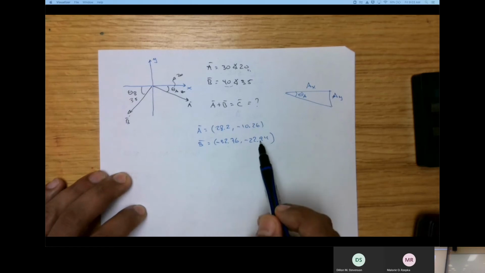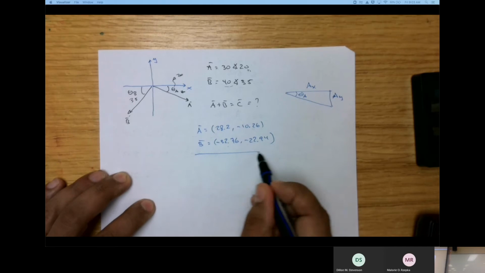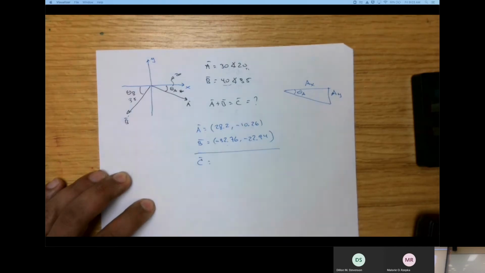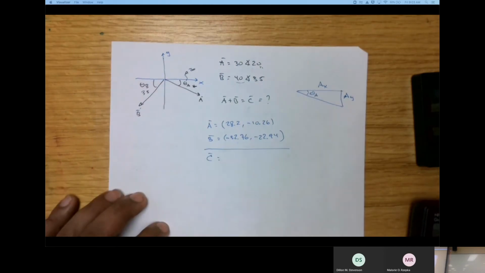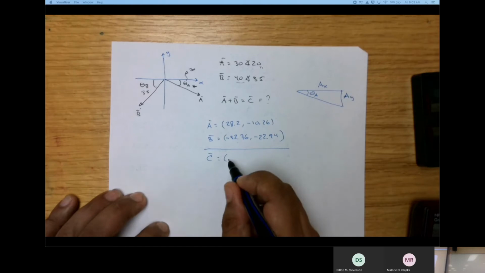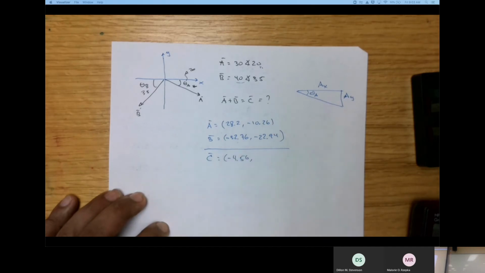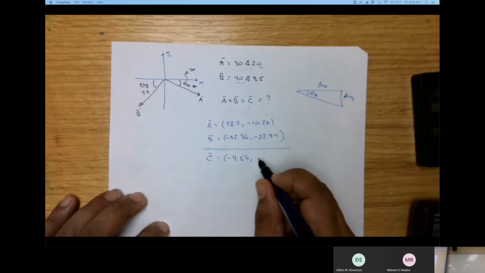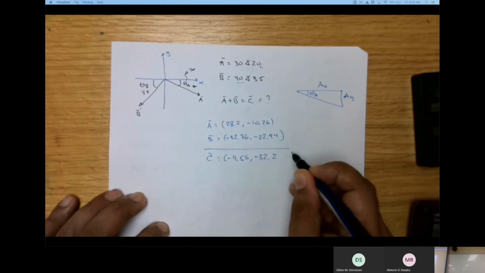Okay. If I want to add these two vectors, I will get my vector C. I will have minus 4.56, and this one will be minus 32.2. Okay.